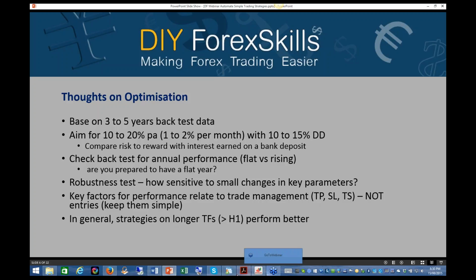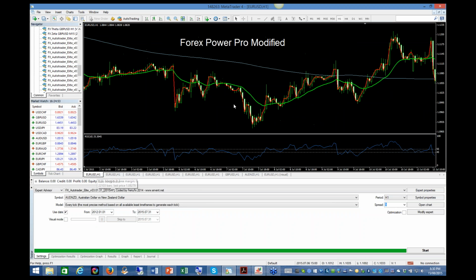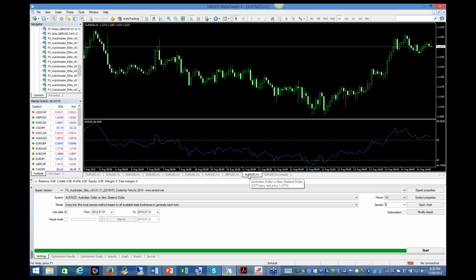What I in fact did, we've done that. If I go to my next one, which is an Aussie Kiwi strategy, I'm not going to go into it, but all I've got in this strategy is RSI as my indicator, and all the rest is all about the trade management aspect of it.